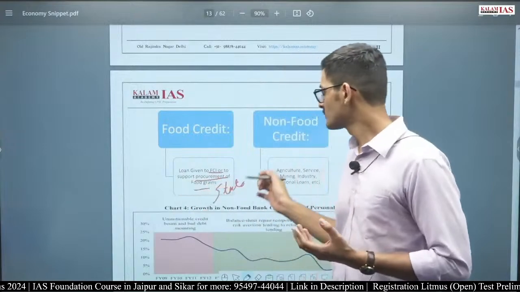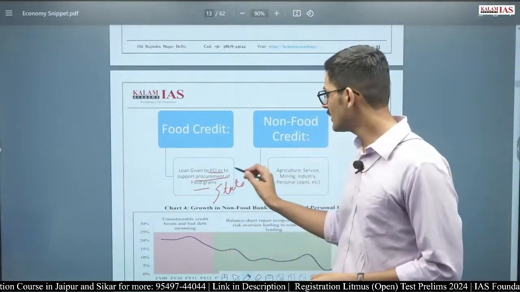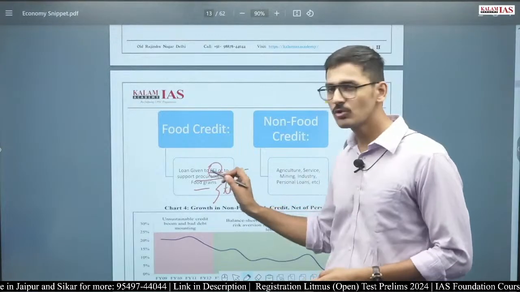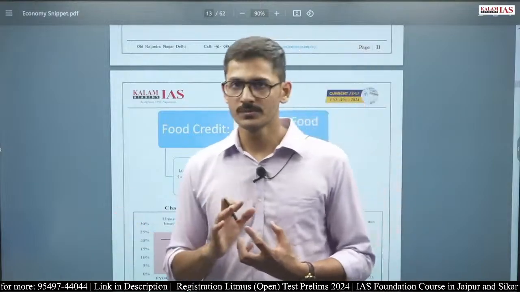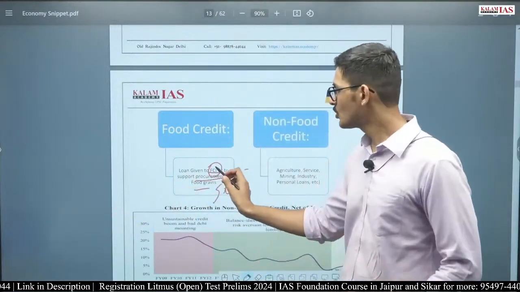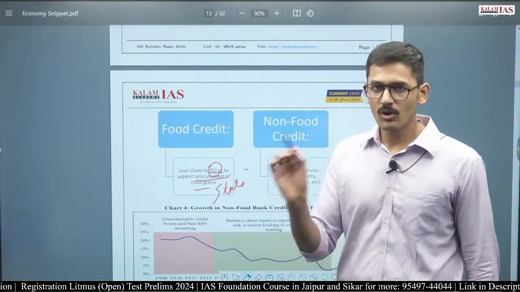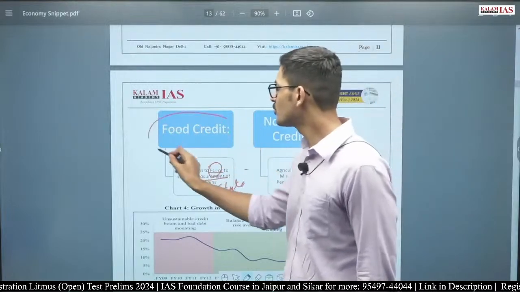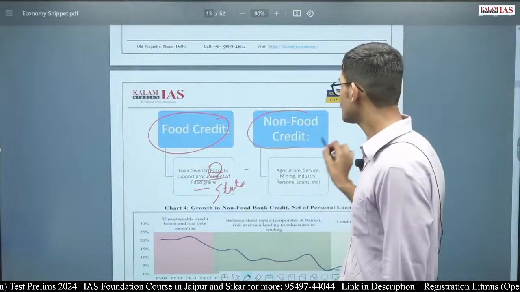It can be given to two types of parties: the Food Corporation of India, a central government agency, or the state governments. Any loan given for the procurement of food grains, whether to the state government or the FCI, is part of food credit. All the rest of the loans are part of non-food credit.